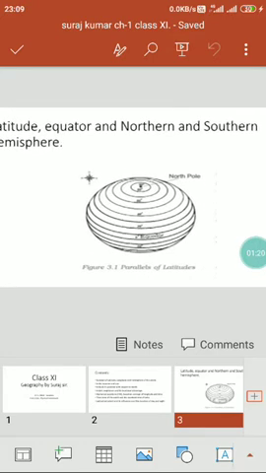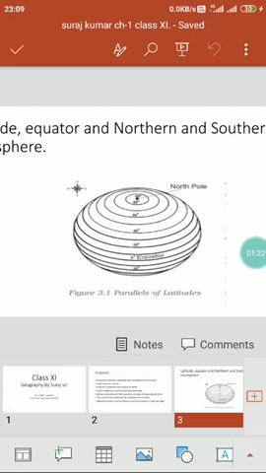Just watch it clearly. This is the figure of parallels of latitude. Parallels of latitude are different lines parallel to each other, forming circles on the surface of our planet Earth, and the largest among them is the equator.